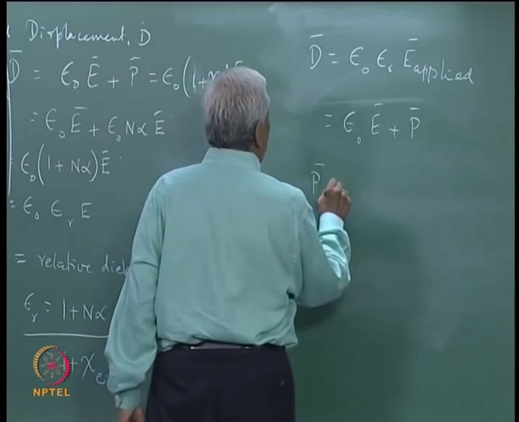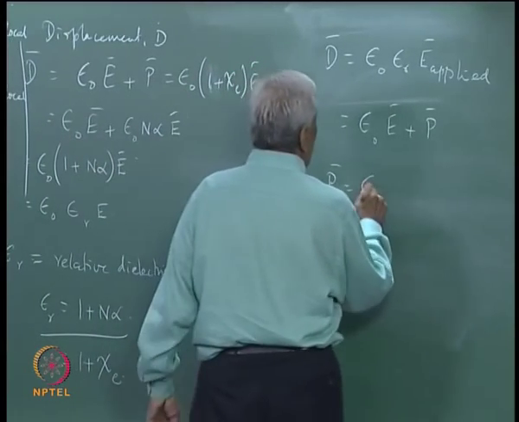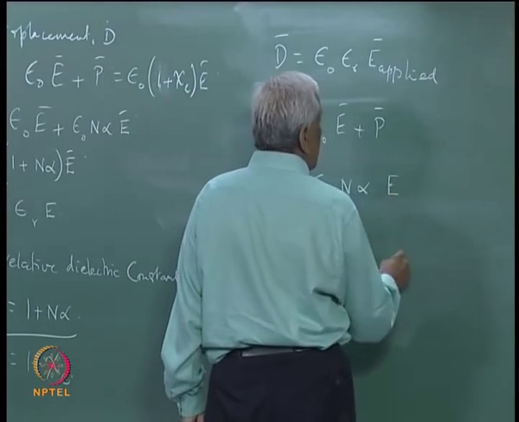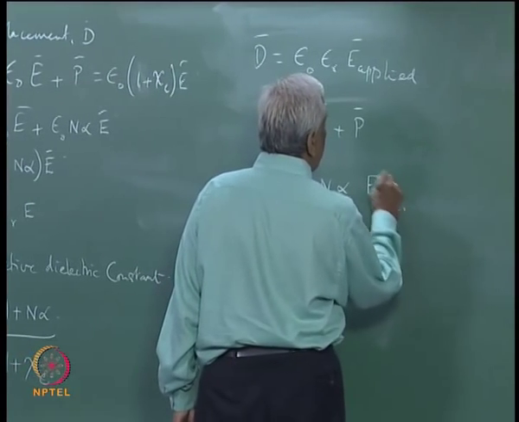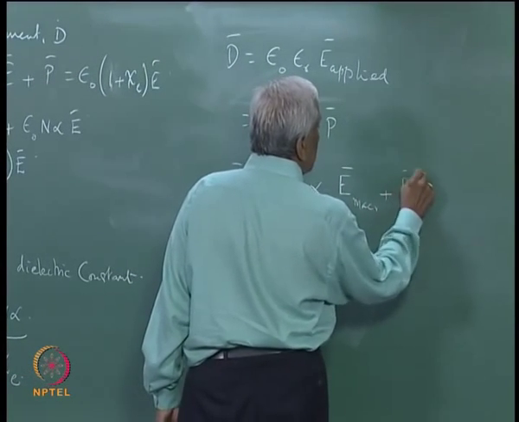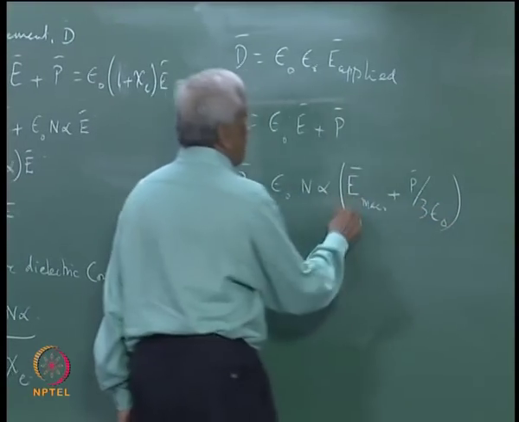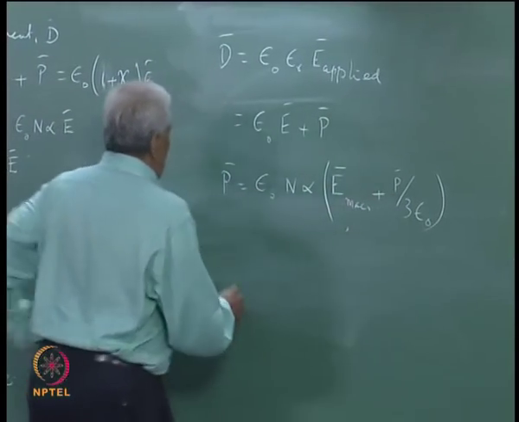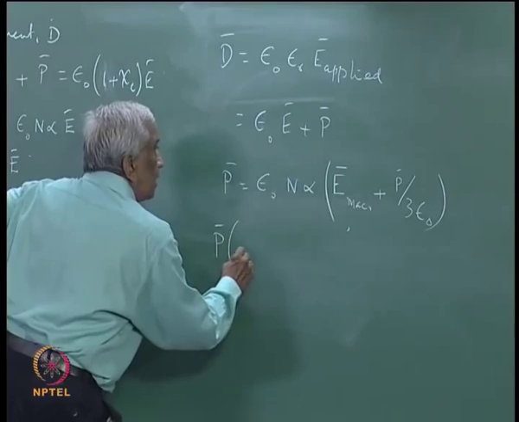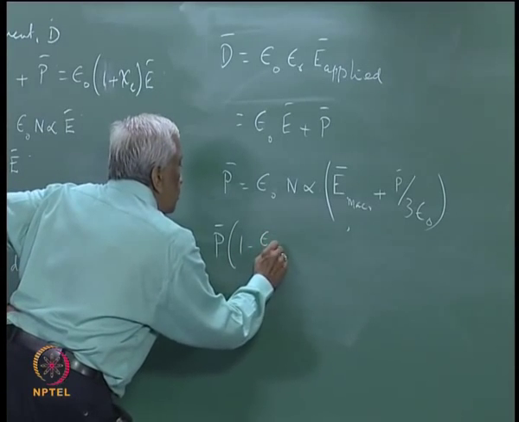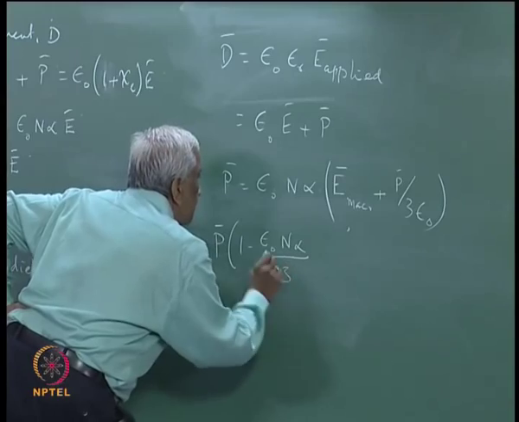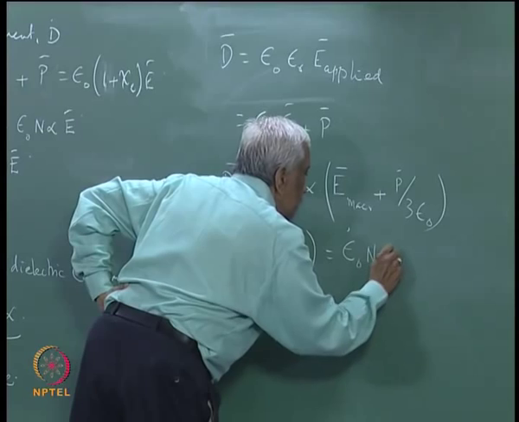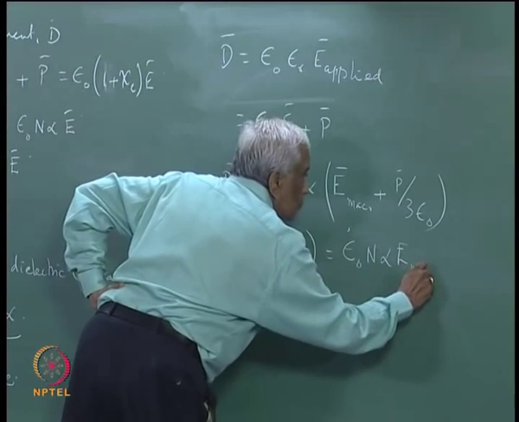P will now be epsilon naught n alpha into E local, which is E macroscopic plus P by 3 epsilon naught. So, collecting the P terms together, we get P times 1 minus n alpha by 3, epsilon naught cancels, equals epsilon naught n alpha E macroscopic.